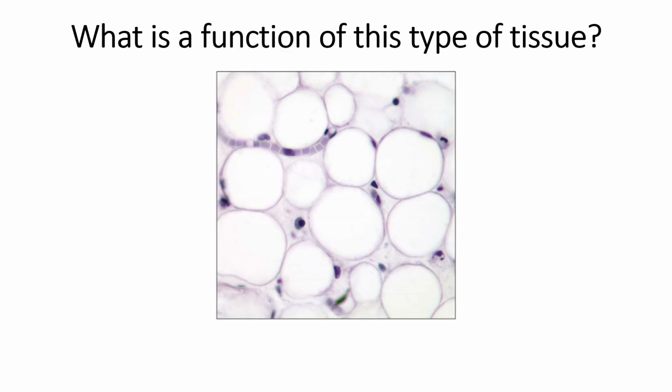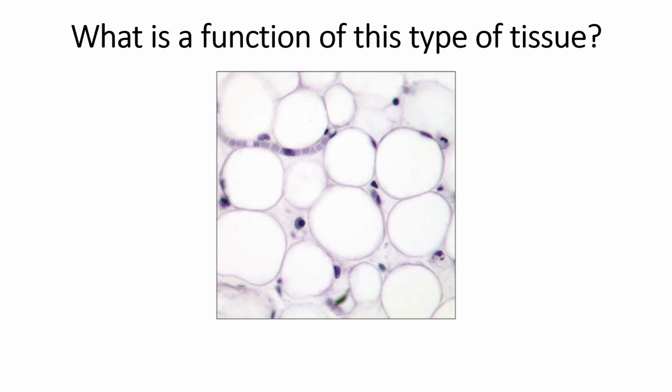You're going to think about the four main types of tissue. You're going to say, is it nervous tissue? No. Is it muscle tissue? No. Is it epithelial tissue? No. So it's got to be a type of connective tissue. Is it blood? No. Is it bone?